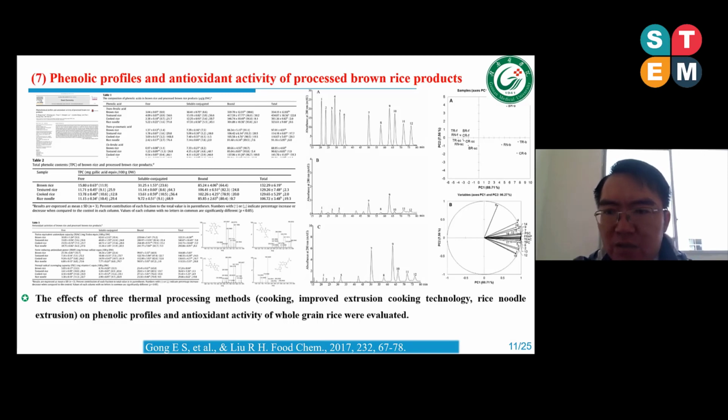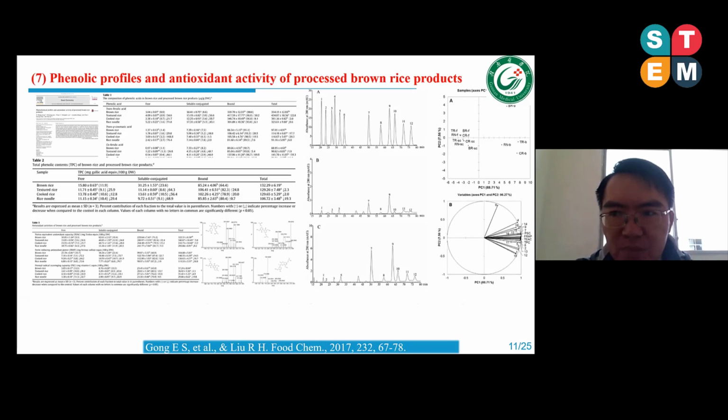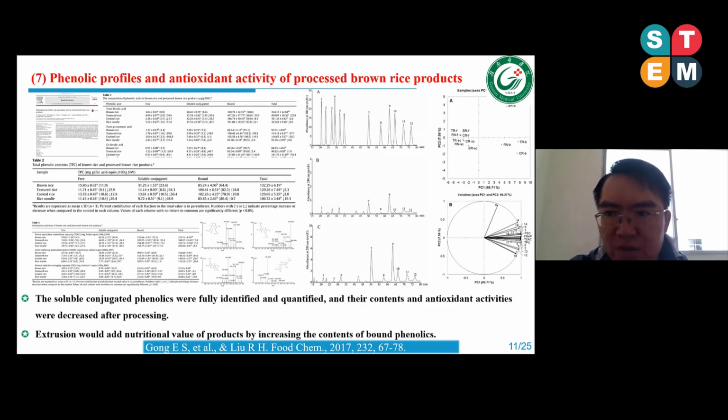The free and conjugated phenolics were fully identified and quantified, and their contents and antioxidant activity decreased after processing. Extrusion would add nutritional value to products by increasing their content of bound phenolics.